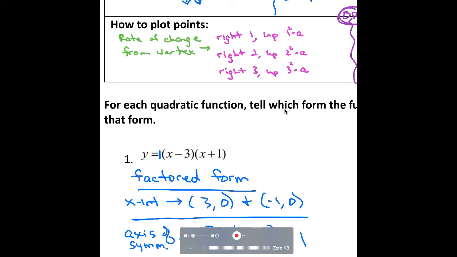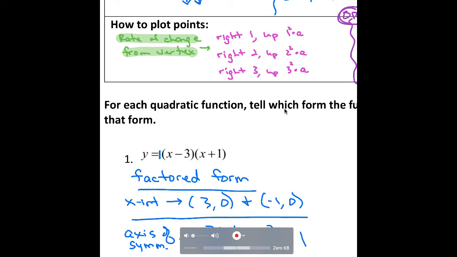So there are 2 ways that you can think of this, and I'm going to show you both ways. We're going to practice this a lot more as the chapter progresses. But rate of change, kind of similar to the slope. The first thing I'm going to talk about is from the vertex. You're always going to go back to your reference point, which is at the vertex.